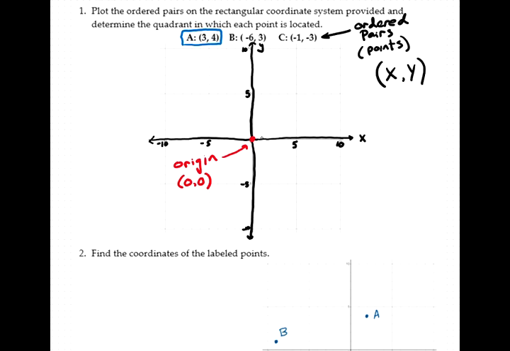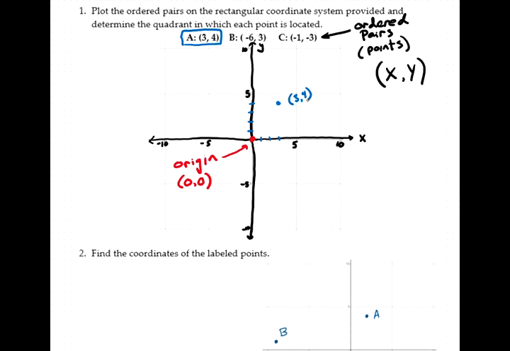So we go 1, 2, 3 units in the positive direction on the x-axis because it's +3, and 4 units on the y-axis. So 3 units to the right and then 4 units up will put us right here. And this would be the point 3, 4.